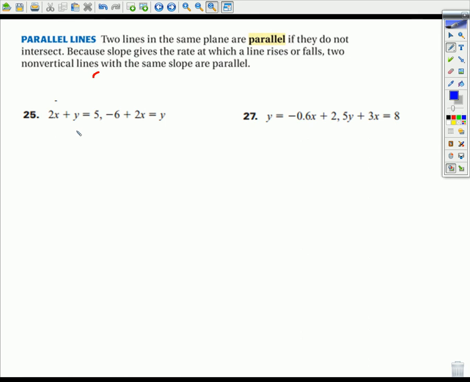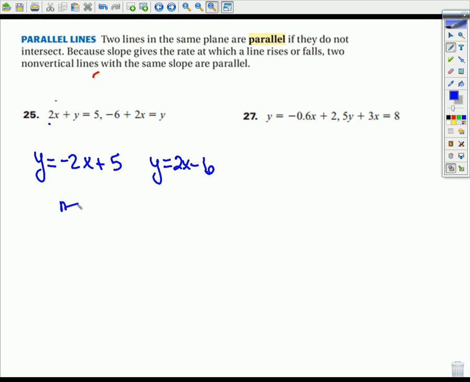So this equation right here, to solve it for y, I'm going to go ahead and subtract off the 2x, so I get y equals negative 2x plus 5. And this one I'm just going to rewrite it. So I have y equals 2x minus 6. I just like to look at it with the y on the left-hand side.